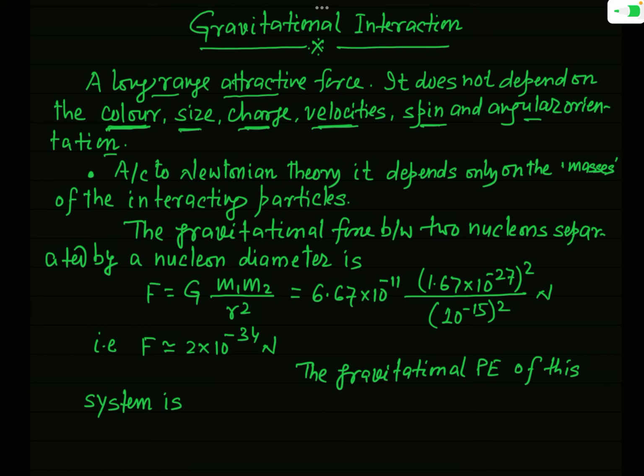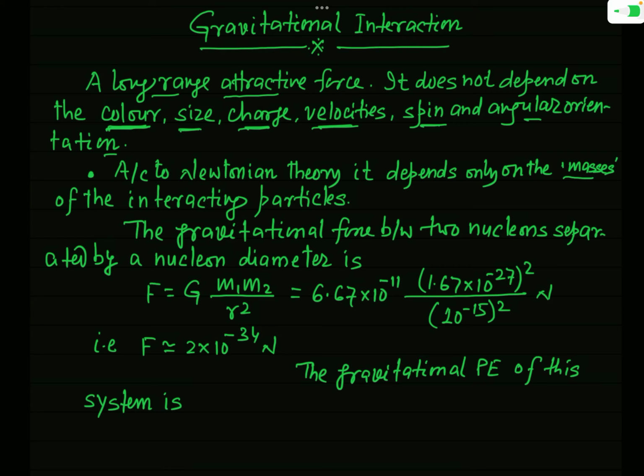Although our aim in this lecture is not to discuss any theory in detail, just as a fact you should remember that gravitation is described by three important theories. The first theory for this gravitational interaction was proposed by Newton, and according to the Newtonian theory of gravity, this gravitational interaction depends only on the magnitude of inertia of the interacting particle, that is, the mass of the interacting particle.